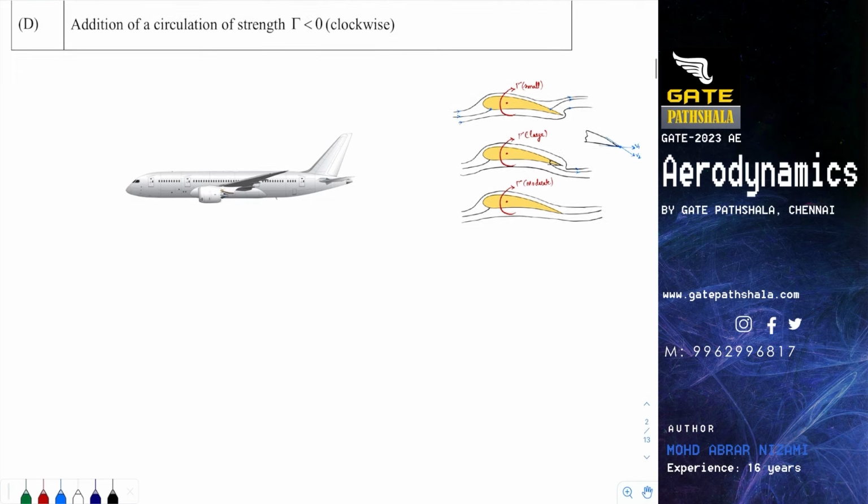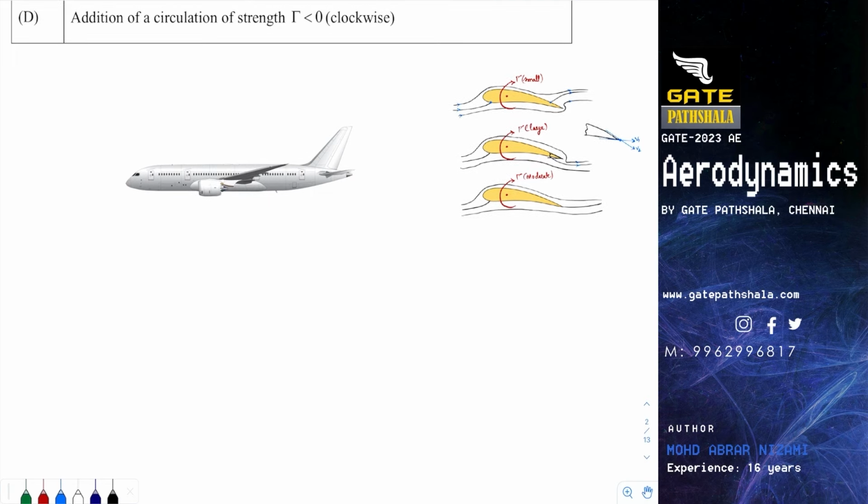Okay, now this aircraft, if the direction of the circulation that is produced around this is in this manner. Okay, so you are having a free stream velocity v infinity.